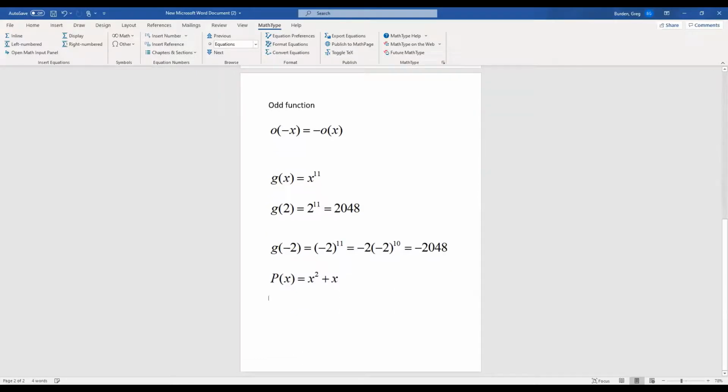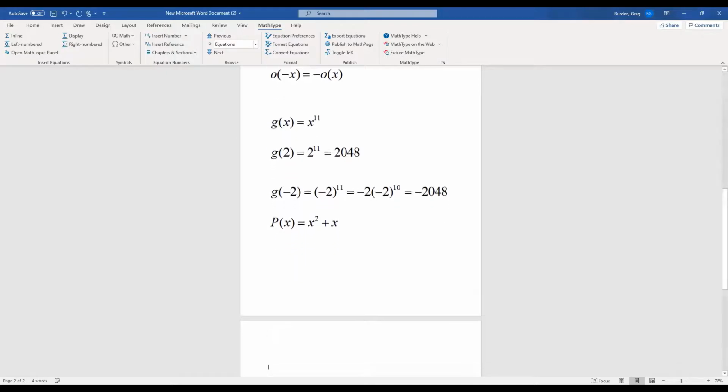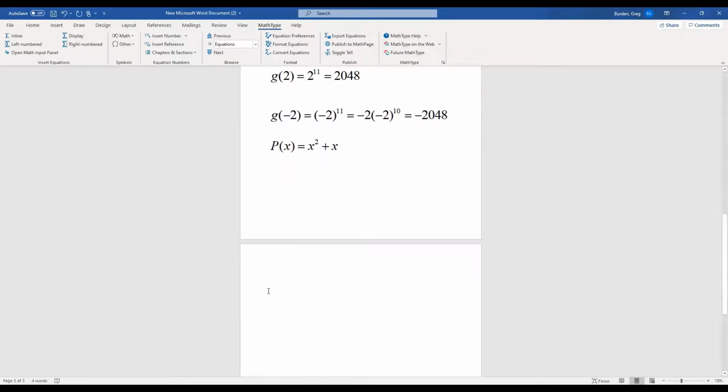So if we look, for example, at P of 5, which is 5 squared plus 5, which is equal to 30. So P of 5 is 30.